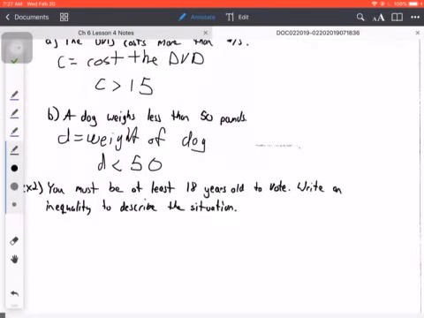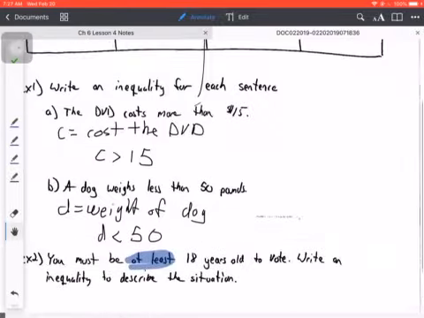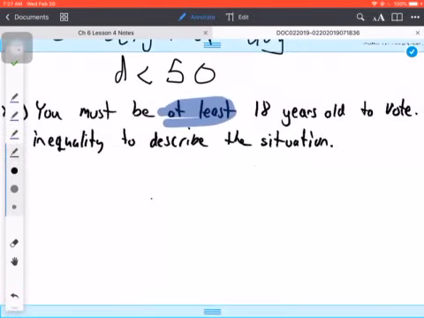Example 2, it says you must be at least 18 years old to vote. Write an inequality to describe the situation. Well, right here is the word that we're going to be looking for. At least shows up right here, which means that our inequality symbol is going to be this way.